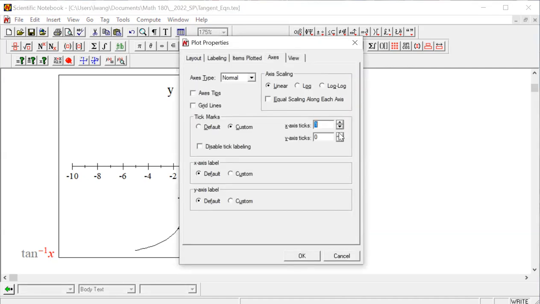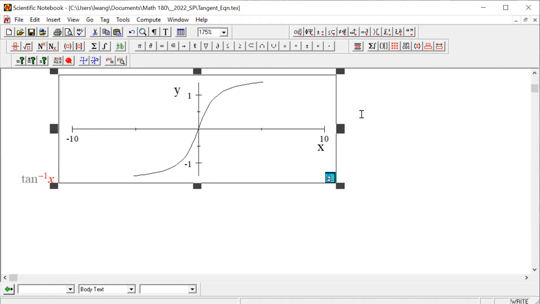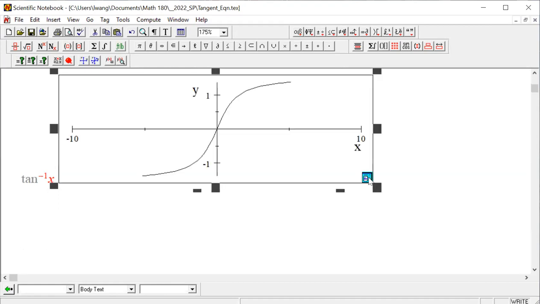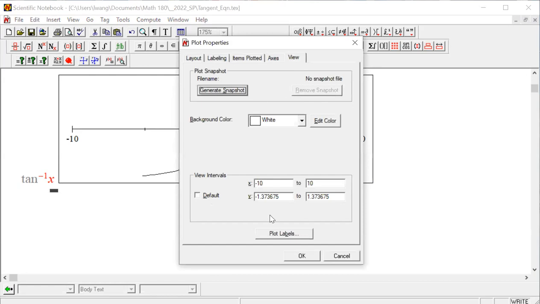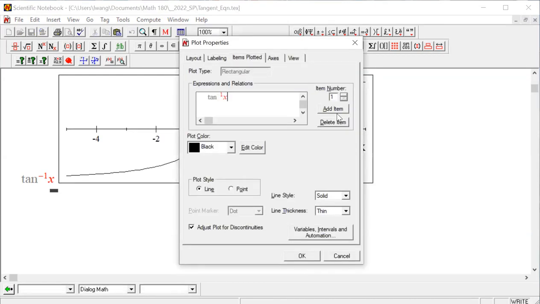So with this review, we know the curve is between negative pi over 2 to pi over 2. So let me just make a little adjustment. It's between two horizontal lines, negative pi over 2 to pi over 2.